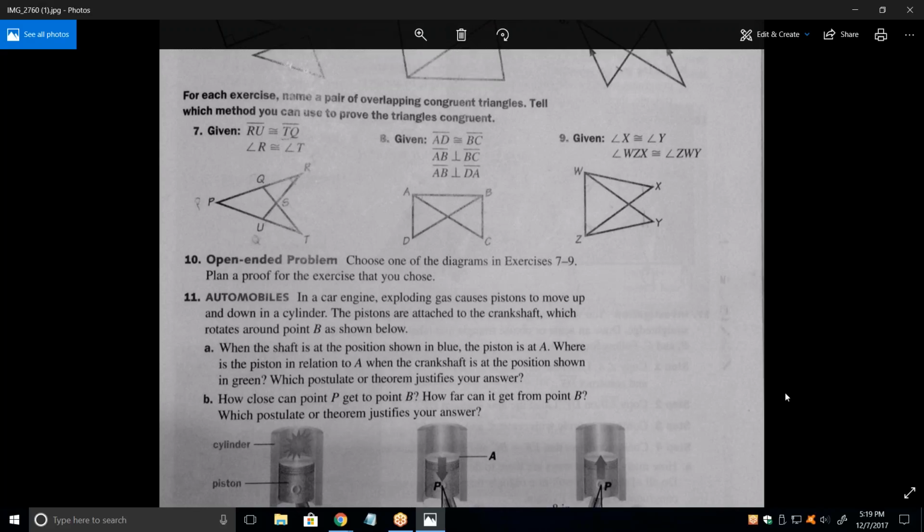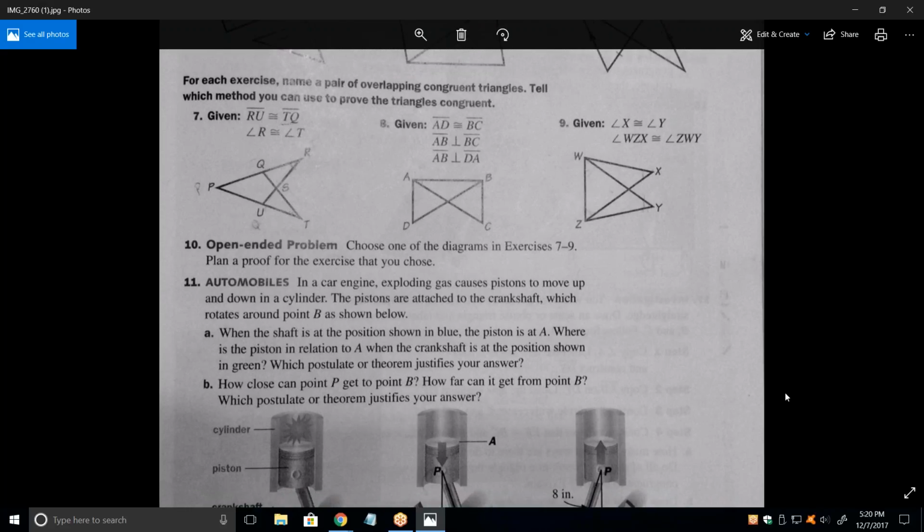For each exercise, name a pair of overlapping congruent triangles. Tell which method you can use to prove the triangles congruent. So, hold on.